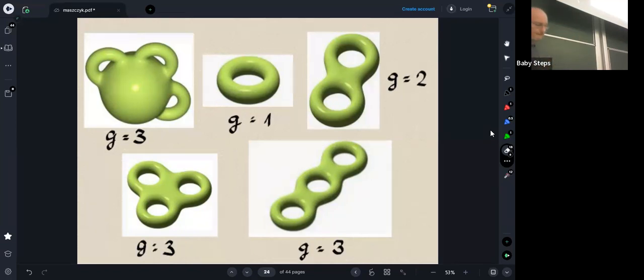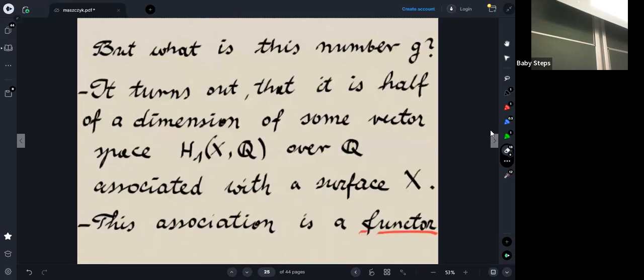So you see, for instance, 3 examples with 3 holes, 1 example with 1 hole, and 1 example with 2 holes. So it's easy to say, but how to define strictly, rigorously this number, not looking at the surface? So the question is, what is this number g?